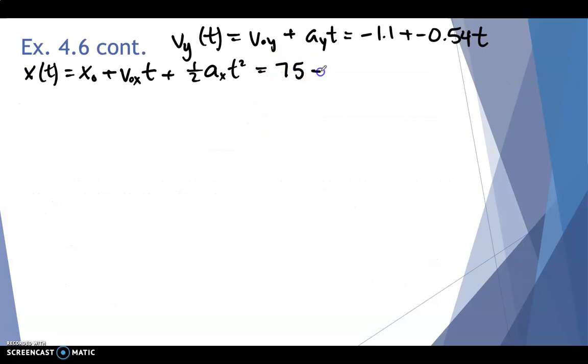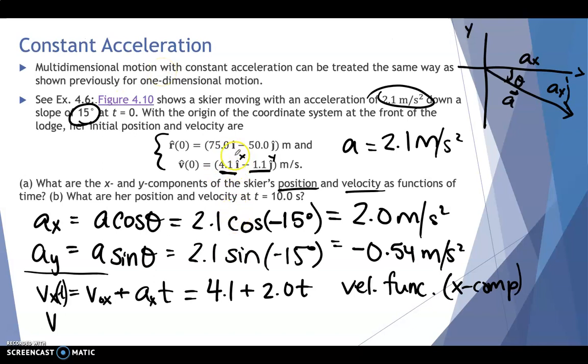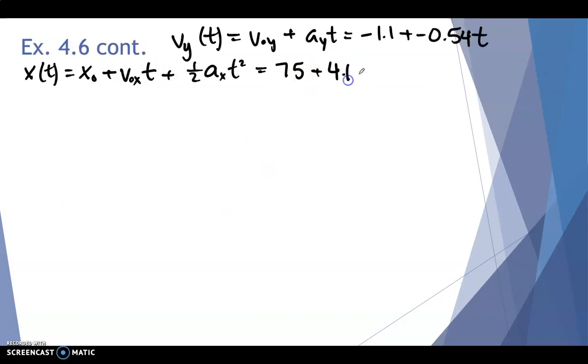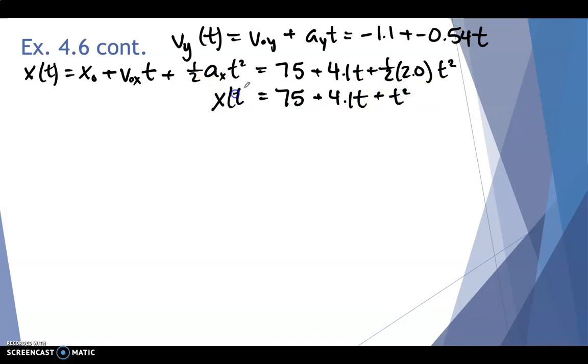It's going to be 75 plus v naught x, which again is 4.1, times t plus 1/2 times a x, and that was 2.0, t squared. So we can also say 75 plus 4.1 t plus t squared. This is x of t, our position equation in the x direction.